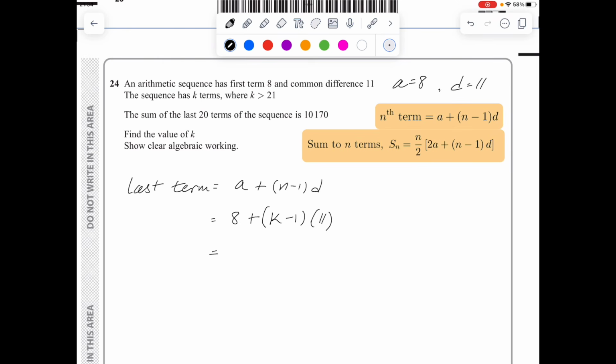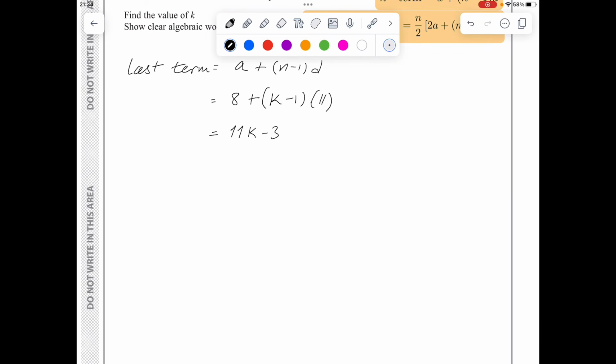If I expand and simplify, this will give me 11K minus 3. So my sequence now has the following terms: 8, 8 plus 11 is 19, and so on. And then towards the end, I have a few terms ending with 11K minus 13. And note that each time I am adding 11.